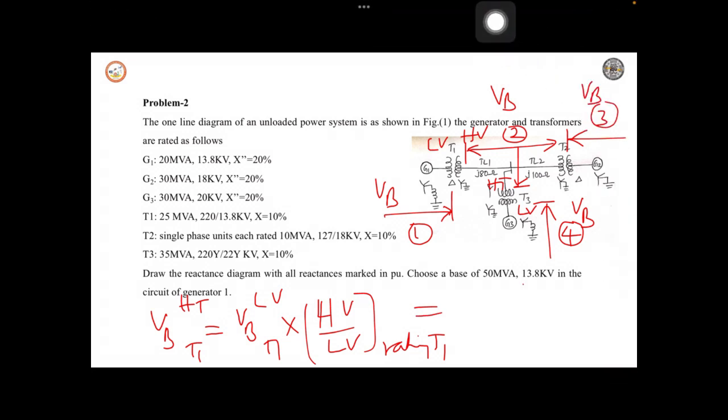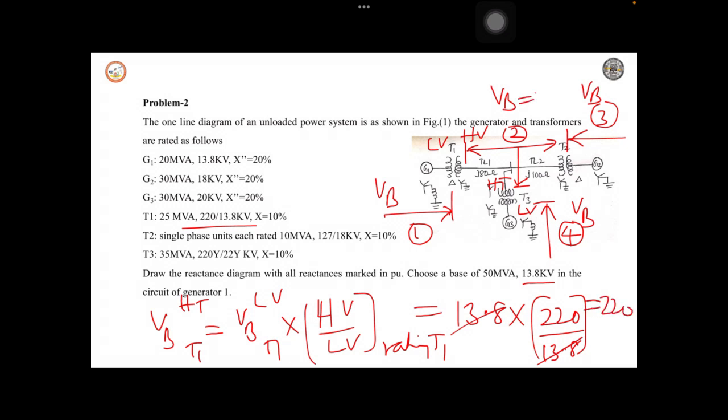So the base voltage is 13.8 into the voltage rating of transformer 1, which is HT side 220 divided by LV side 13.8. This gets cancelled, and you will get 220 kV.